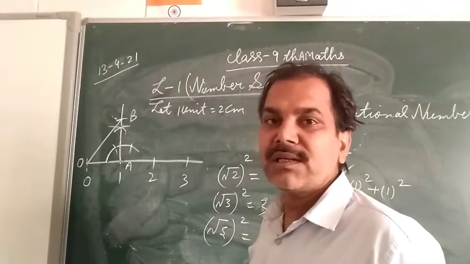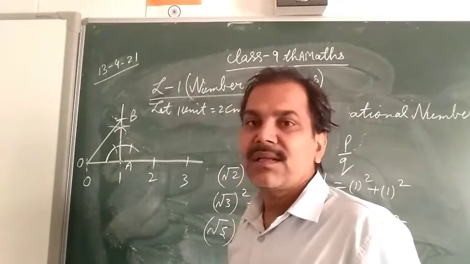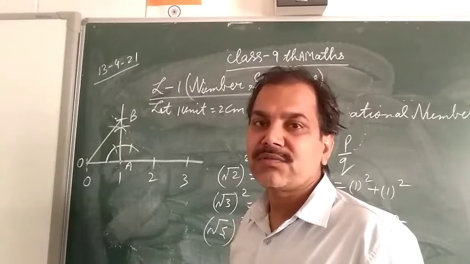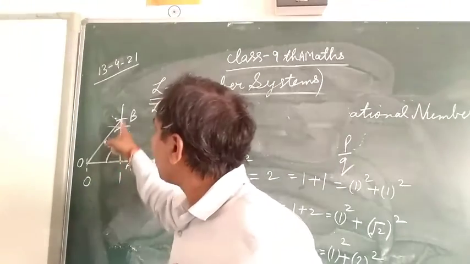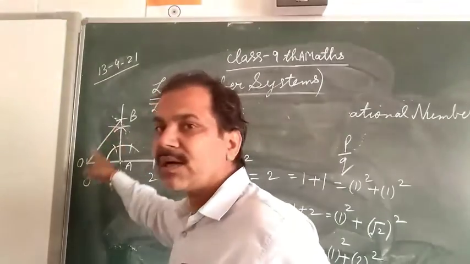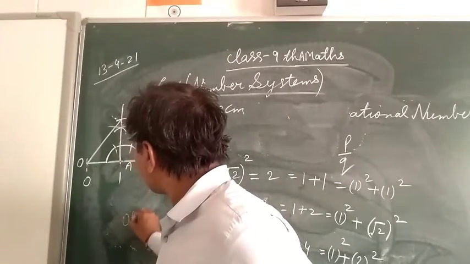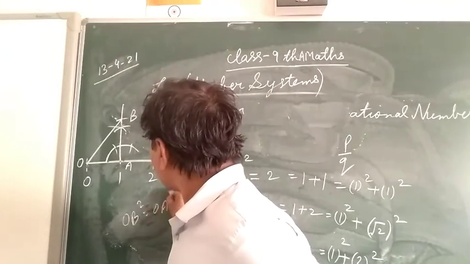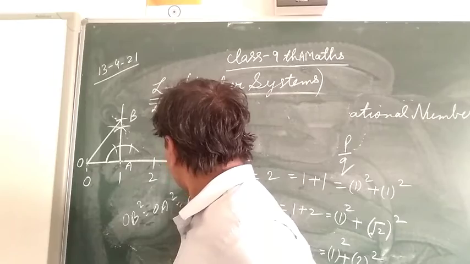So you know that in a right angle triangle you can apply Pythagoras theorem. Hypotenuse square is OB square. OB square is equal to OA square plus AB square.